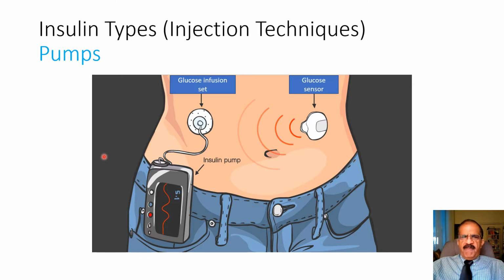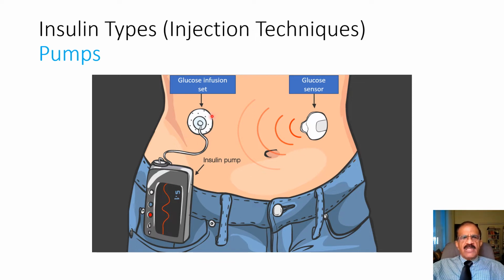Now this is perhaps the best technique of injecting insulin. Expensive, this is the insulin pump, and the insulin cartridge is loaded in it here, and this always uses regular insulin or rapid acting insulin analogues. It does not use basal insulins because it is continuously infused, so there is no point in giving basal insulins here.